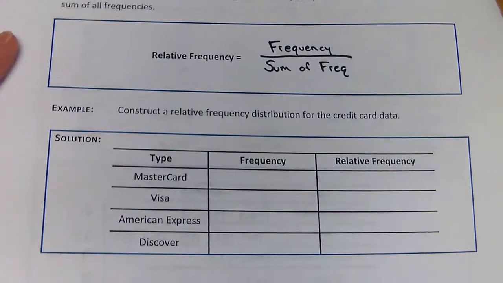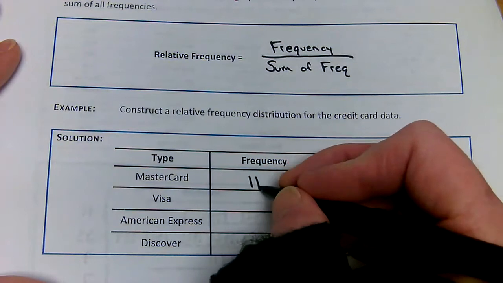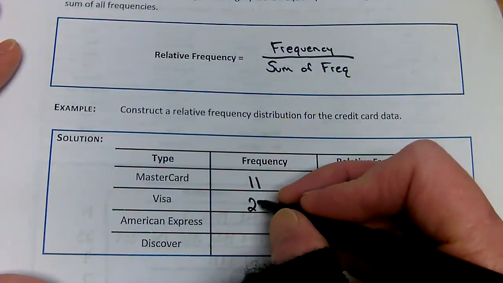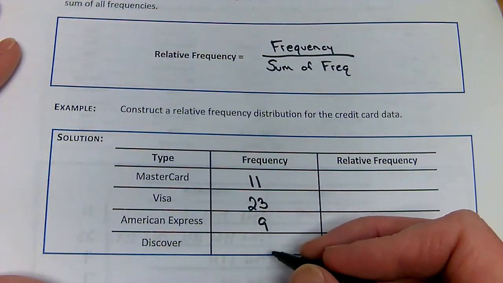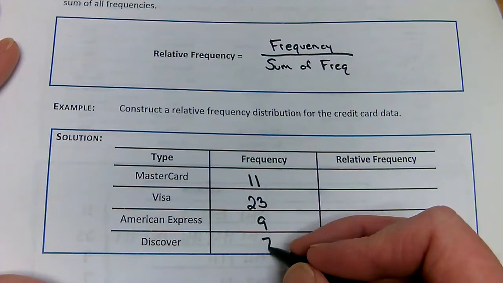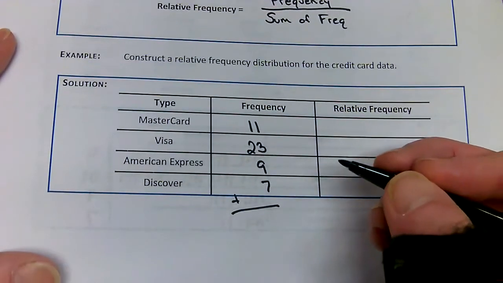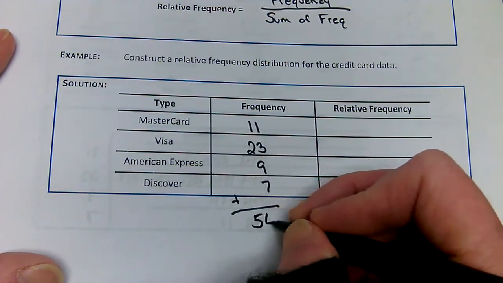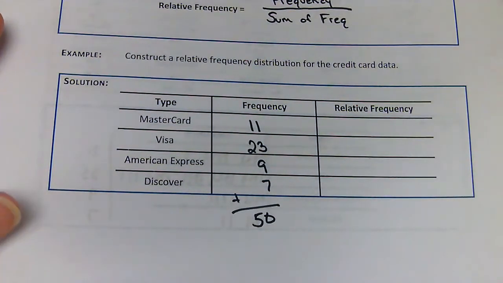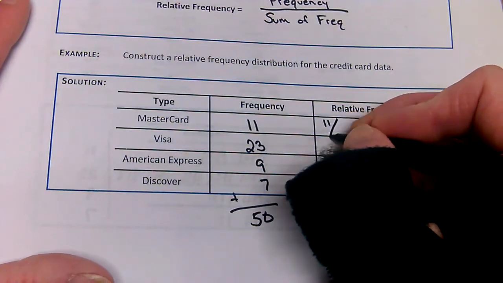So let's take that credit card data. The MasterCard was 11. Visa was 23. American Express was 9. And Discover was 7. So if I add those all up, I'll get the sum of all the frequencies. That'd be 50. And that should match how many people they were surveying. So that works out good. Now, our relative frequency is going to be our frequency divided by the sum.